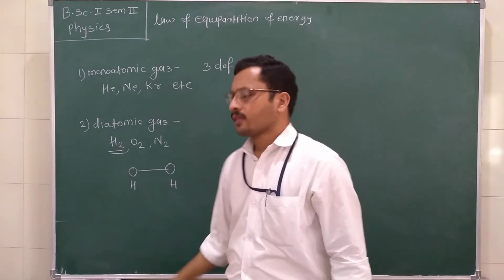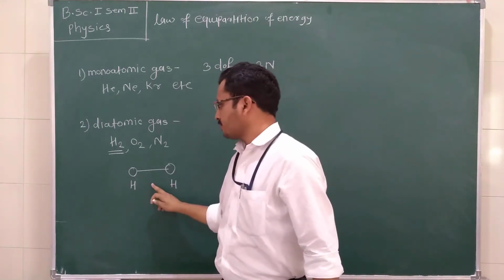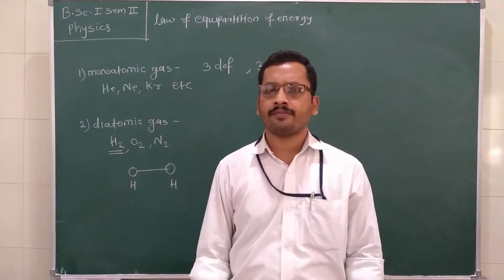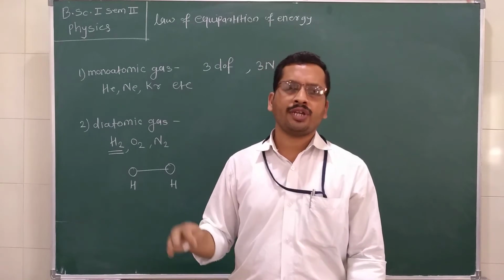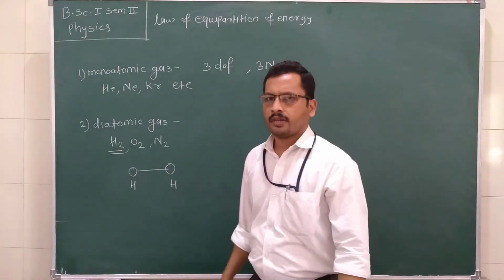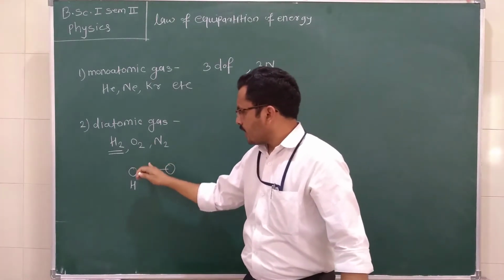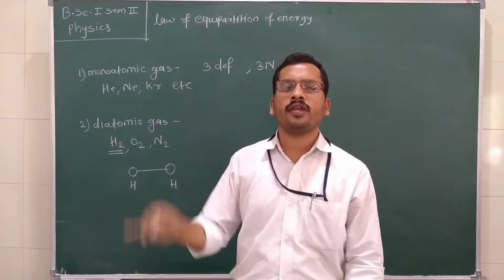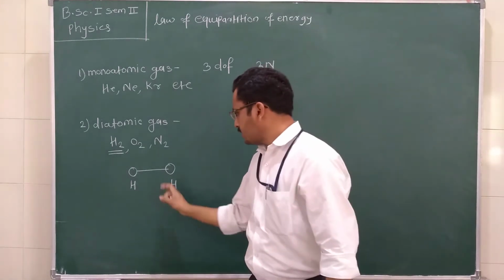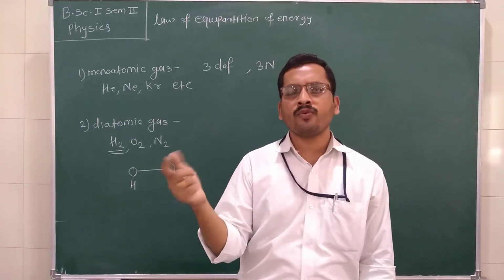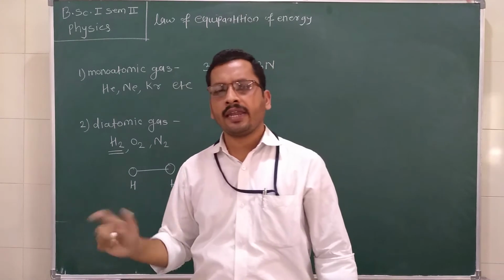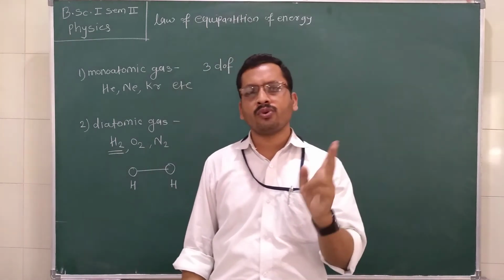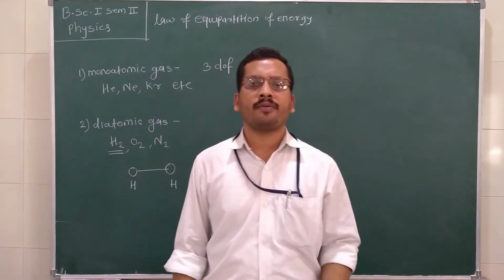Okay, so it has 3 translational degrees of freedom and 2 rotational degrees of freedom, because if we draw an axis perpendicular to this bond, then this molecule can move in a clockwise direction and in the anti-clockwise direction, means it has 2 rotational degrees of freedom.